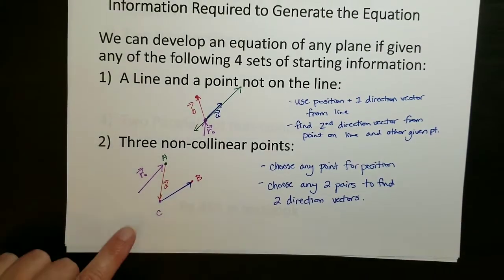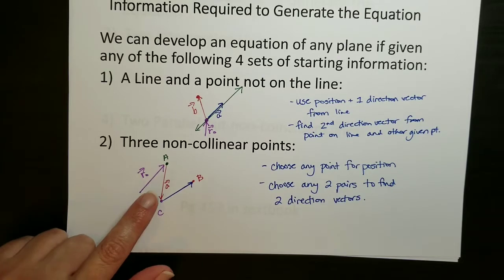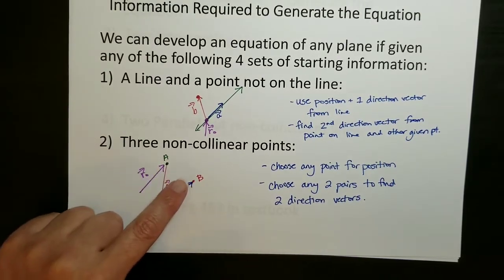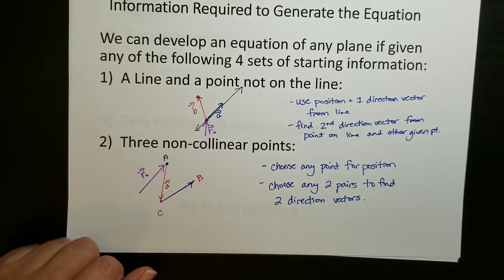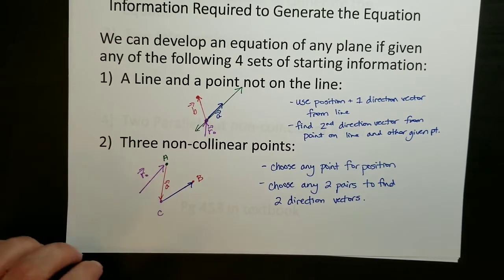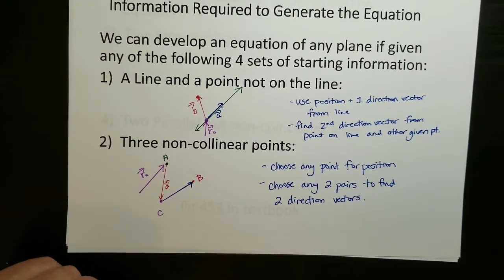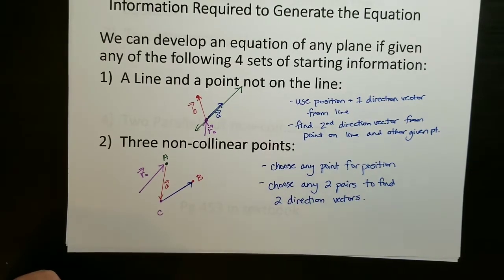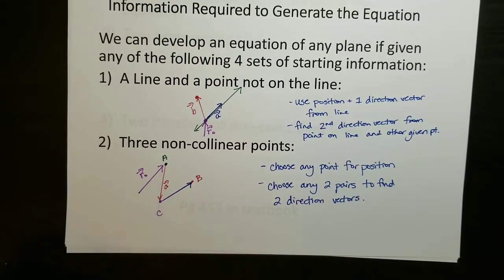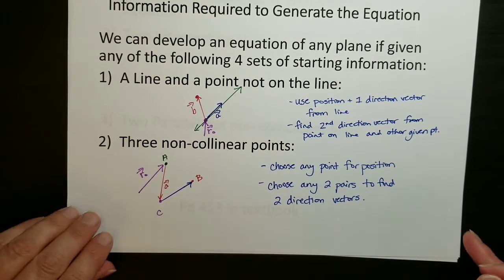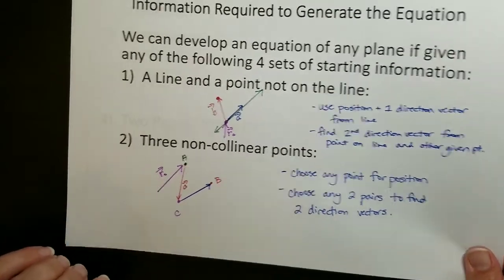You absolutely could have picked point C as your position and then vectors A, B and B, C. It doesn't matter which order you choose those. Again, there's going to be lots of possible correct solutions for these equations. So these equations of a plane are definitely not unique. They can have any point on the plane, and we know that there's an infinite number of those points, along with any 2 vectors on the plane, also an infinite number of possibilities for each of those.